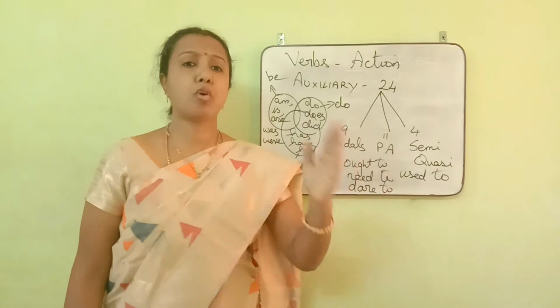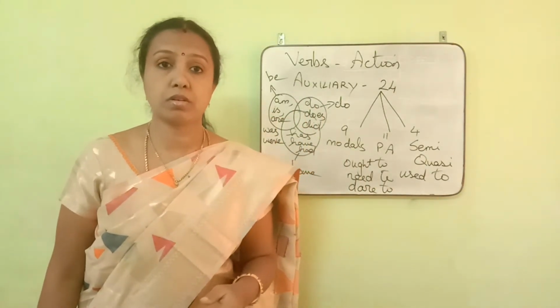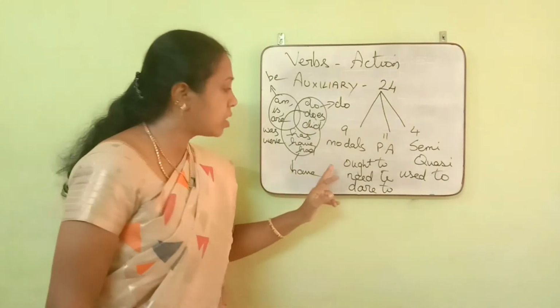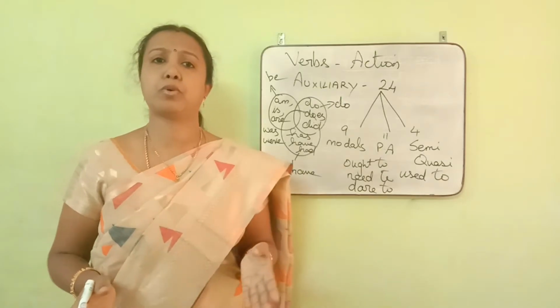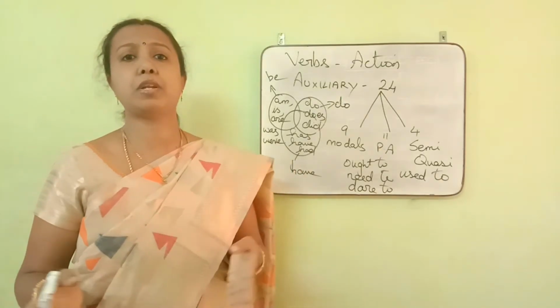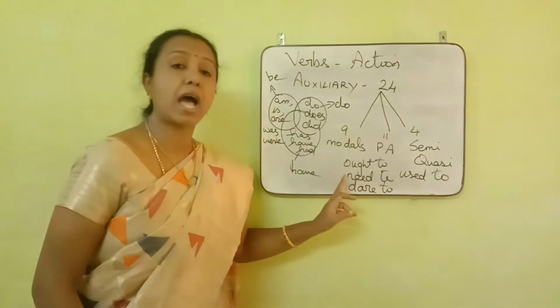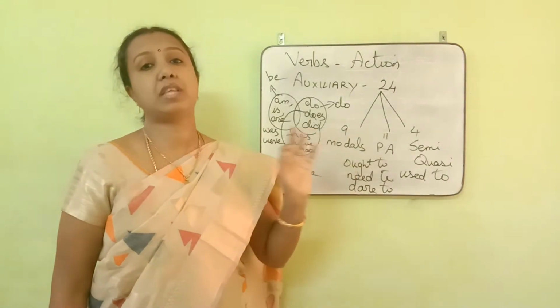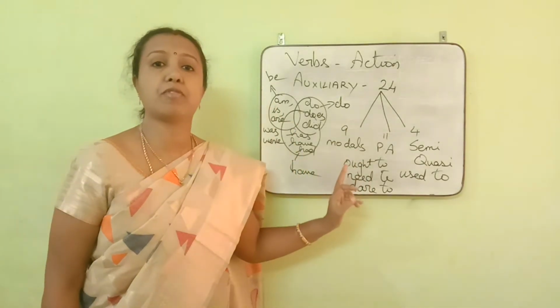Ought to: you ought to go for the online classes, you ought to go to school, you ought to do this work. Need to: I need to study for my portions for tomorrow, I need to go for the Bible quiz, I need to do my regular work. Ought to and need to talk about necessity. It is a compulsion.